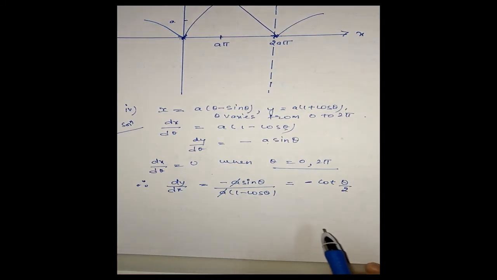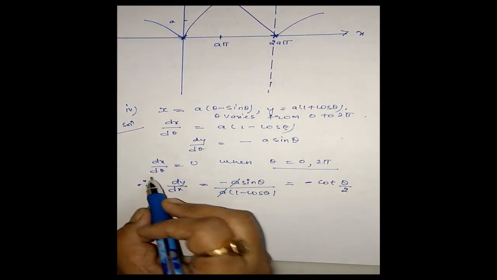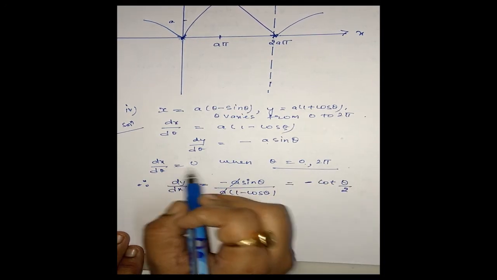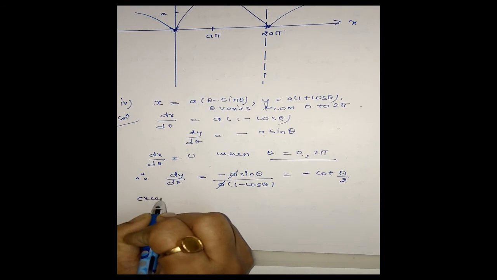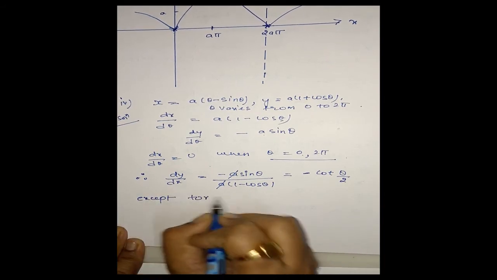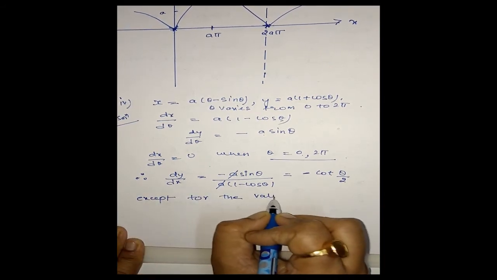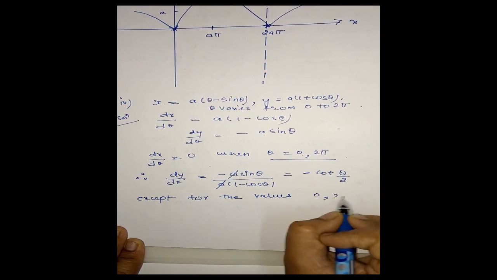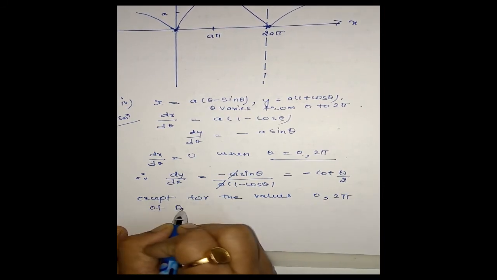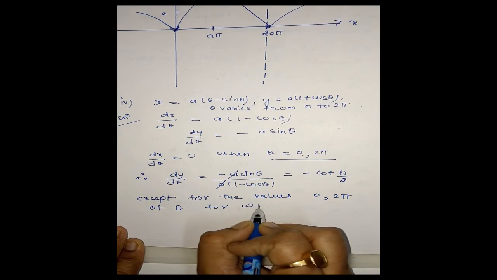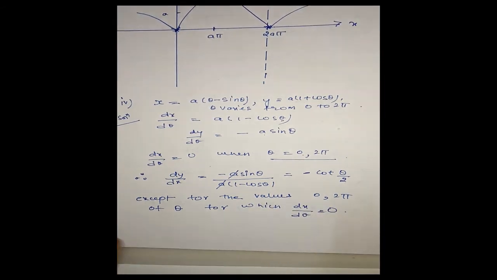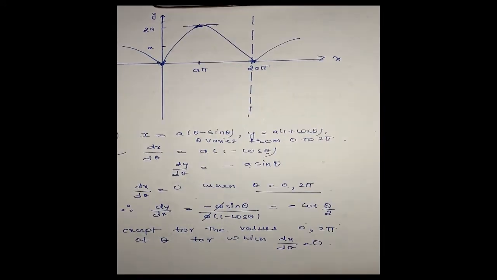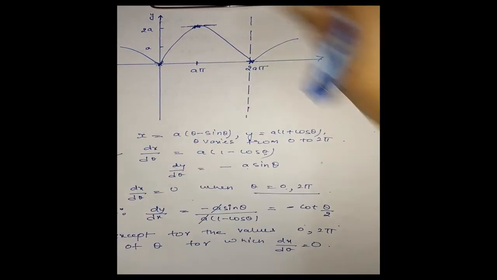Okay. Now at the point 0 and 2 pi, dx by d theta is 0. Therefore, this is except for the values 0 and 2 pi of theta, for which dx by d theta is 0. Okay, that means at these 2 points tangents will be parallel to y-axis.